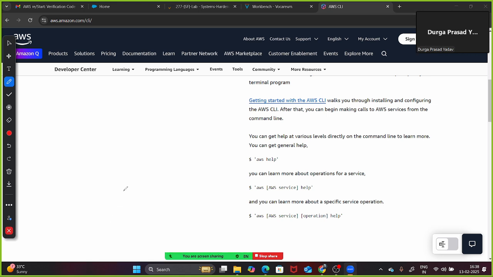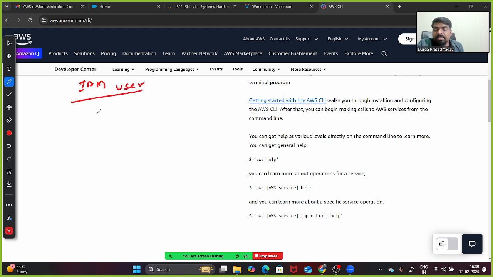So guys, let's continue now. What I was telling you, if you are creating one IAM user, with the IAM user we are creating a username and password that we can use with the AWS console.